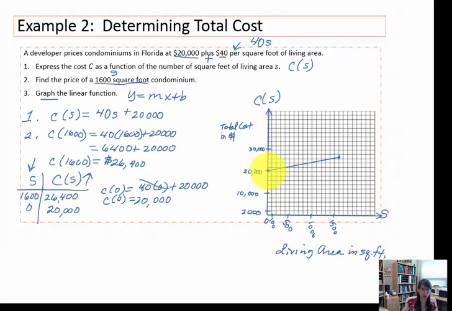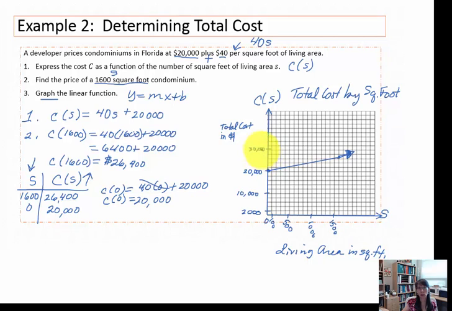That's not possible, so that remains a dot. On the right-hand side, or on this end of the line, we could go larger than 1,600 square feet. So I'm going to extend that line and be sure to use an arrow to show that it can continue in this direction. And you may want to title the graph as total cost by square foot.